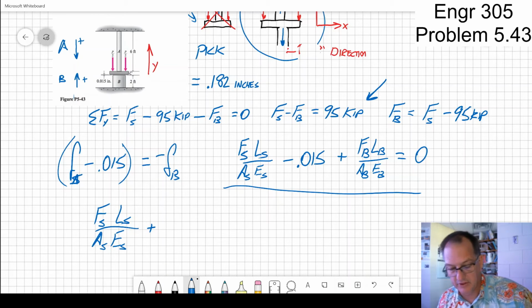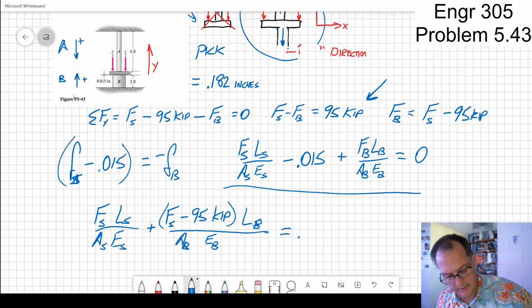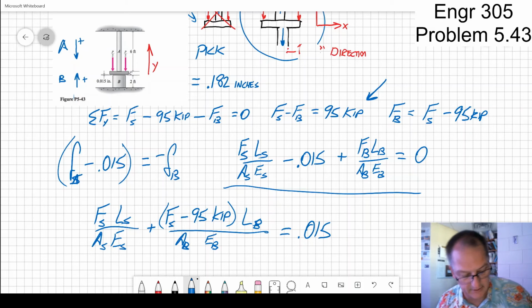But here I've got force of the bronze, so I'm substituting in force of the steel minus 95 kip, length of the bronze, area of the bronze, Young's modulus for the bronze, is equal to positive 0.015 because I moved it to the other side.